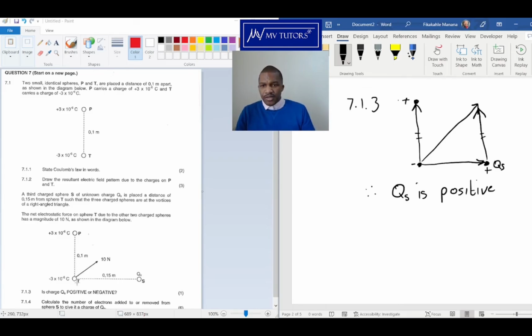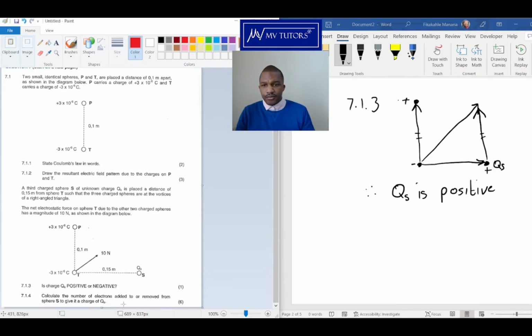Okay, now it says calculate the number of electrons added to or removed from sphere S to give it a charge QS. So what do they want here? They want the number of electrons, right?